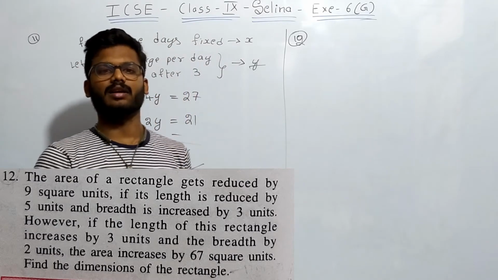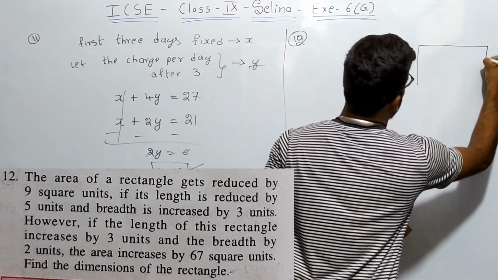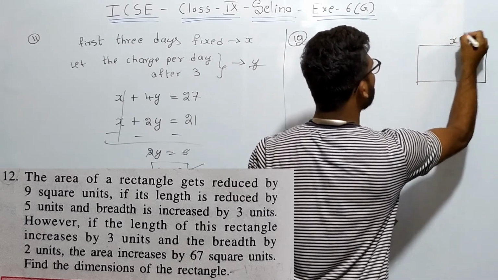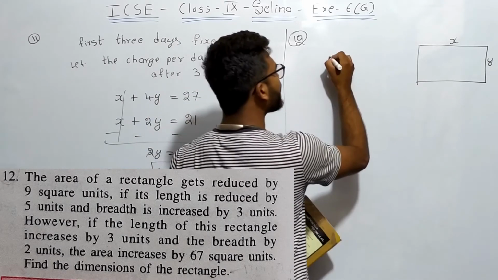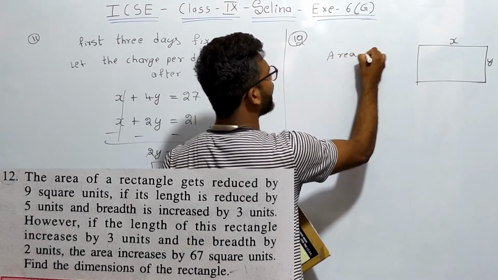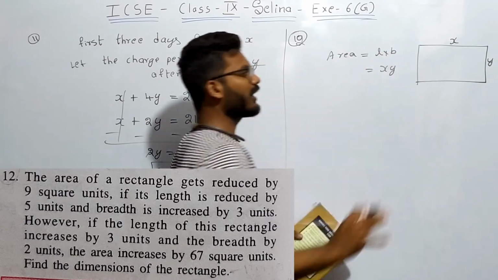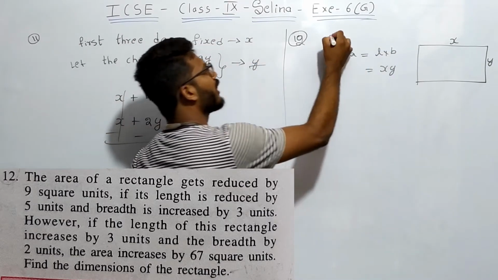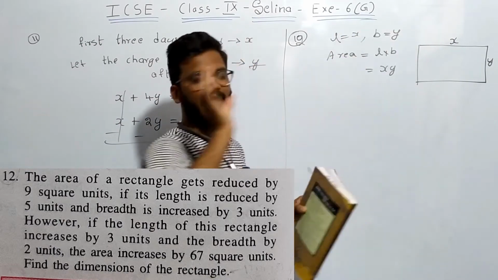First they are talking about a rectangle, right? So let the length be x and breadth be y. Then the area is length into breadth, so area will be xy.